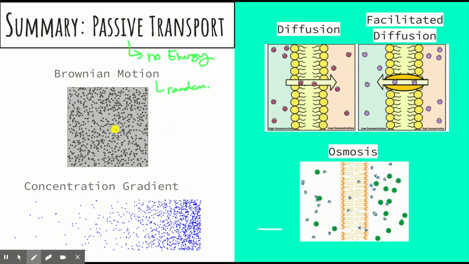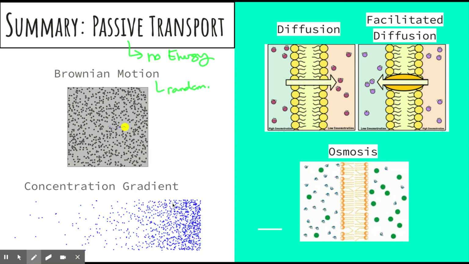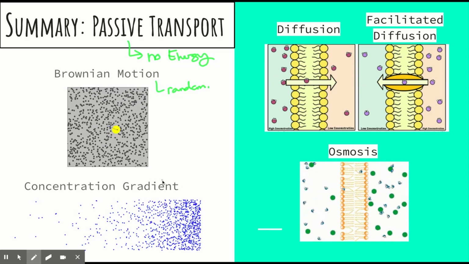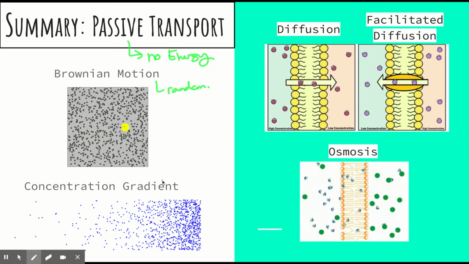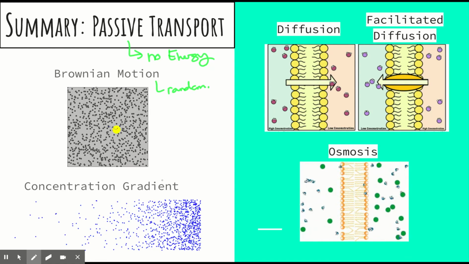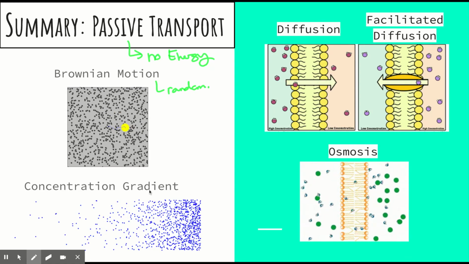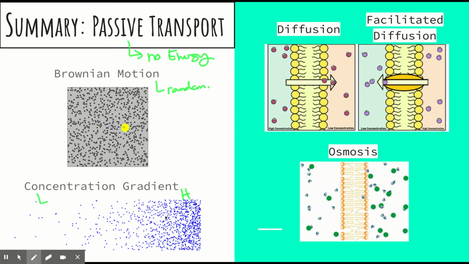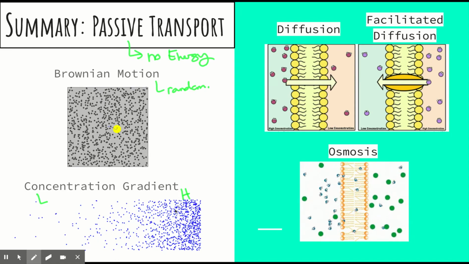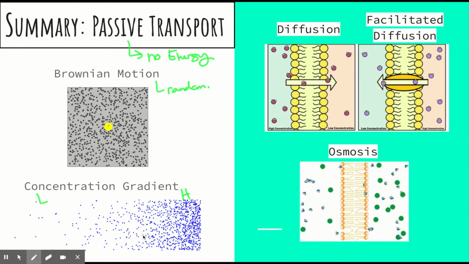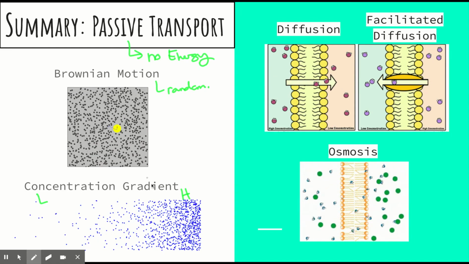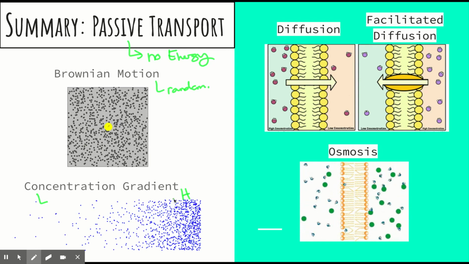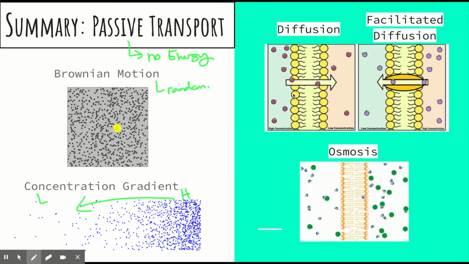That random motion affects our concentration gradient. Concentration gradient means that you have different areas of concentration, so high to low. And in general, with passive transport, overall, it's going to move down the concentration gradient from high to low.